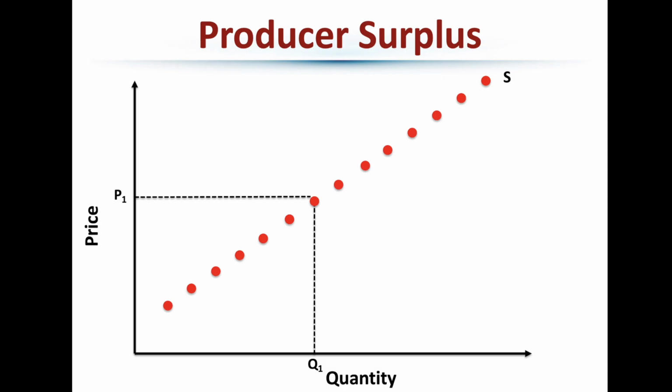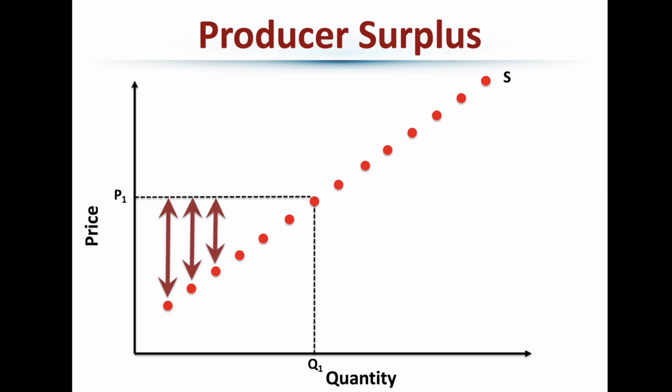Suppose we are operating at price P1 and quantity Q1. Now, at lower quantities, the producers are actually willing to accept a lower price. But the price that exists in the market is higher. And so they're enjoying that difference between the higher price that exists in the market and the price that they're getting for that lower quantity.